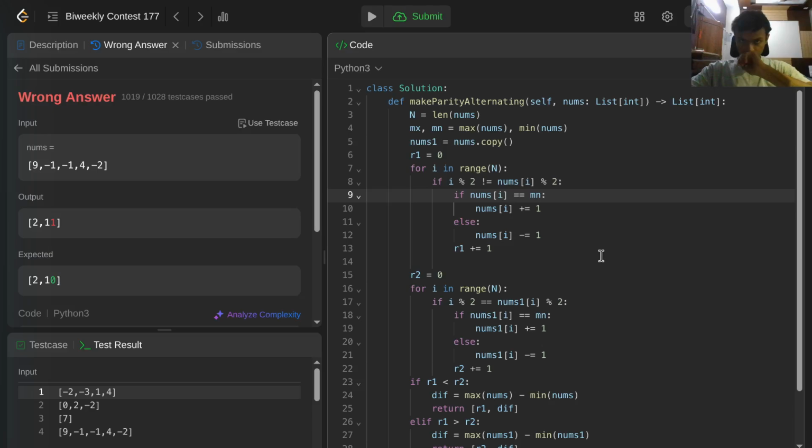Is equal to mn. So is it closer to this thing or that thing?